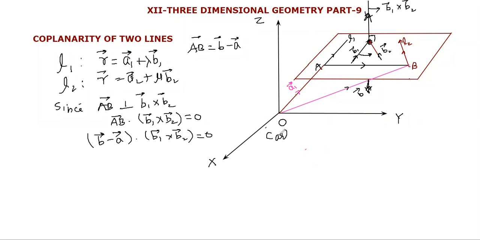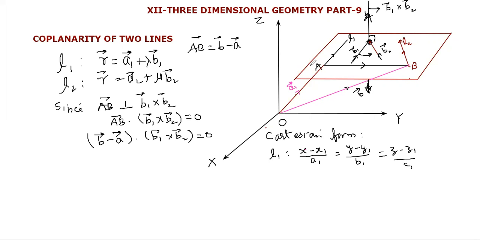I'm writing here Cartesian form. If the equations are given in Cartesian form, what will be the type of equation? L1 will be the equation of the line passing through a point A, (x minus x1) upon A1, equals (y minus y1) upon B1, equals (z minus z1) upon C1, where A1, B1 and C1 are the direction ratios.